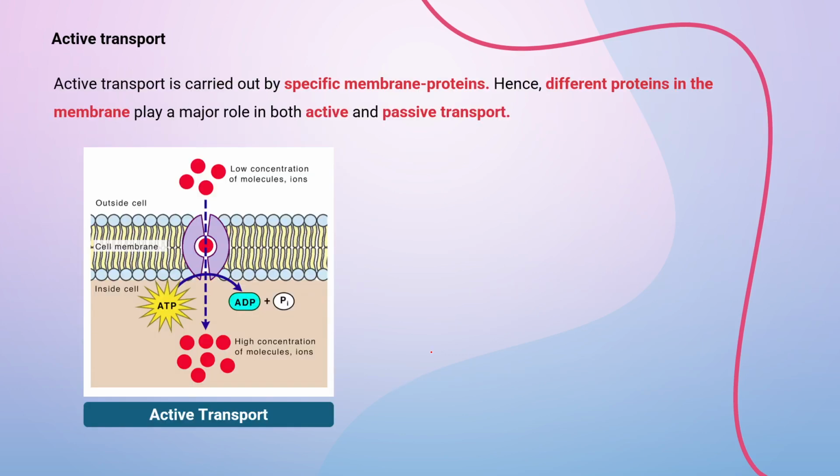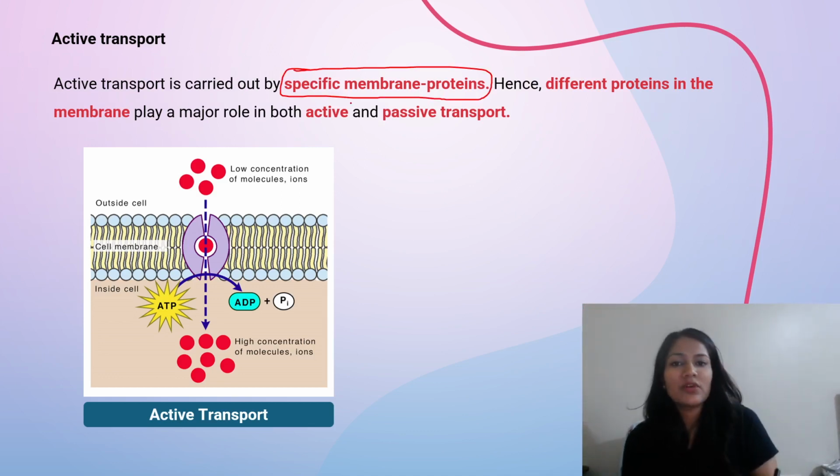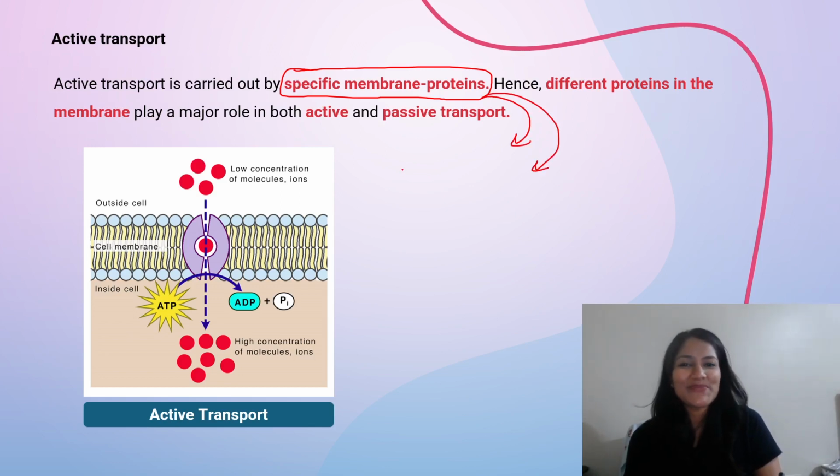Let's move forward. So active transport is carried out by specific membrane proteins because it involves specific membrane proteins. Can you give me two properties of active transport? Yes, specific membrane proteins are present, so what will happen because of this? It is specific in nature.